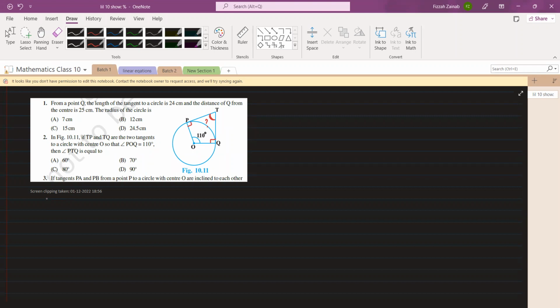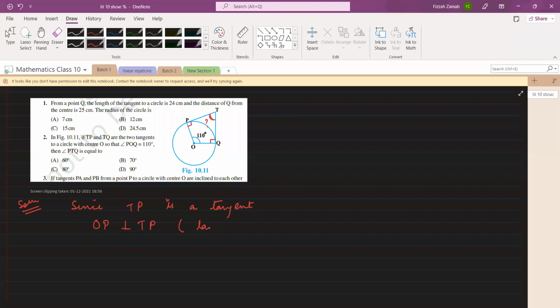So just write it properly, whatever is given to you. The solution: we can start with one tangent. Since TP is a tangent, OP will be perpendicular to TP. Why?